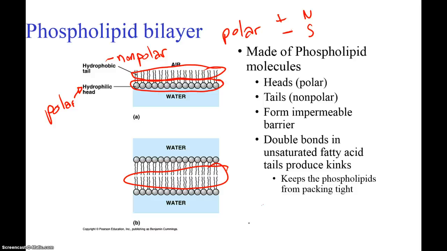If you think of your states of matter, in solids the molecules are packed nice and tight. In liquids they're a little further apart, which gives them the ability to be fluid, to move and change shapes. And in gases the molecules are really far apart. Because of those kinks, the phospholipids are far enough apart that they can remain fluid.